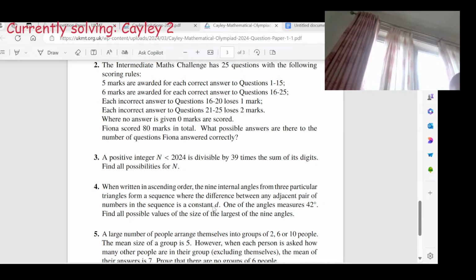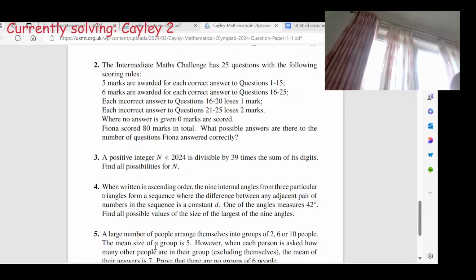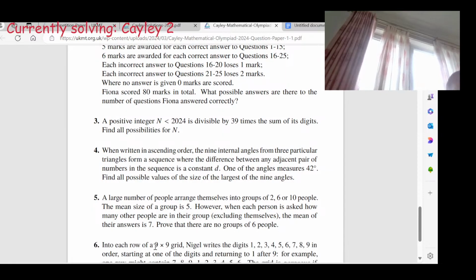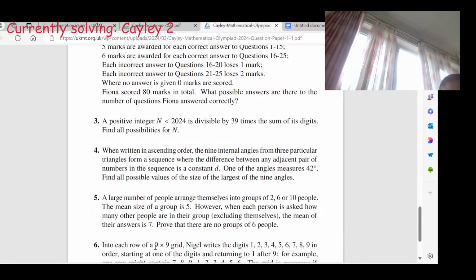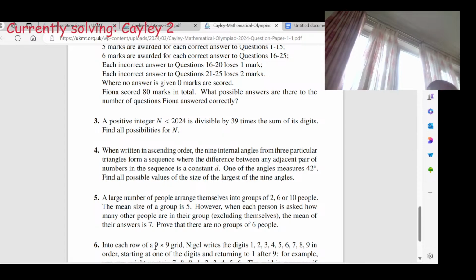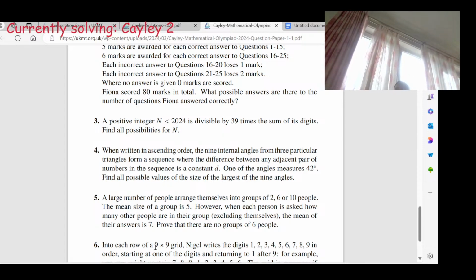Infinite series. Chat, is there actually any good way to solve this question? Or is it just a bad question? 156?